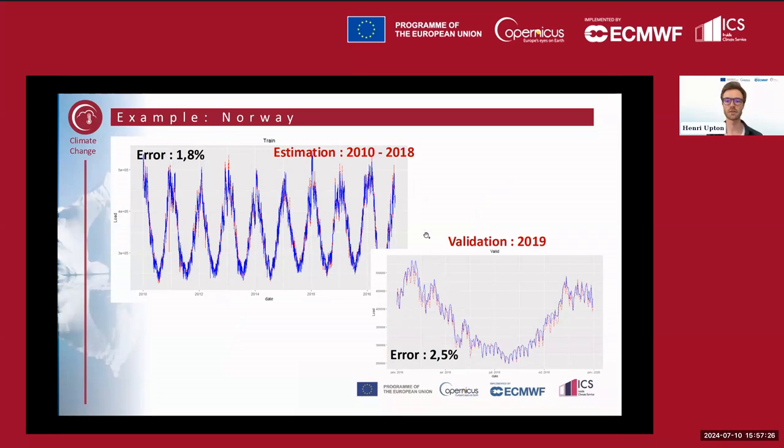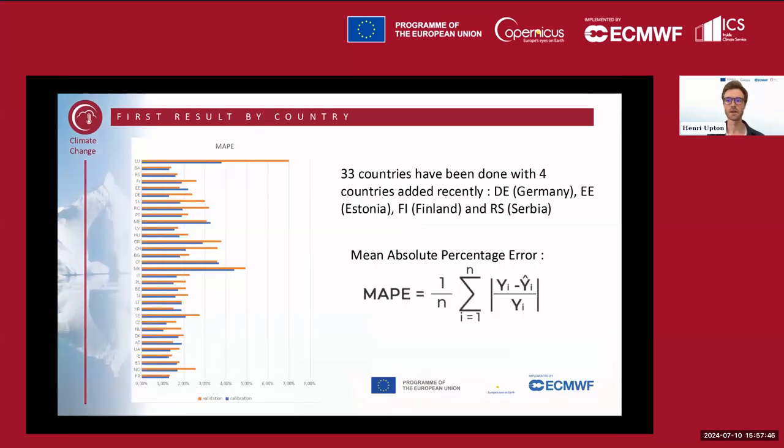We basically take the last observation year for validation data and all the rest for training. We see that we get a very low error on the two sets, including the validation data. So it's quite consistent.